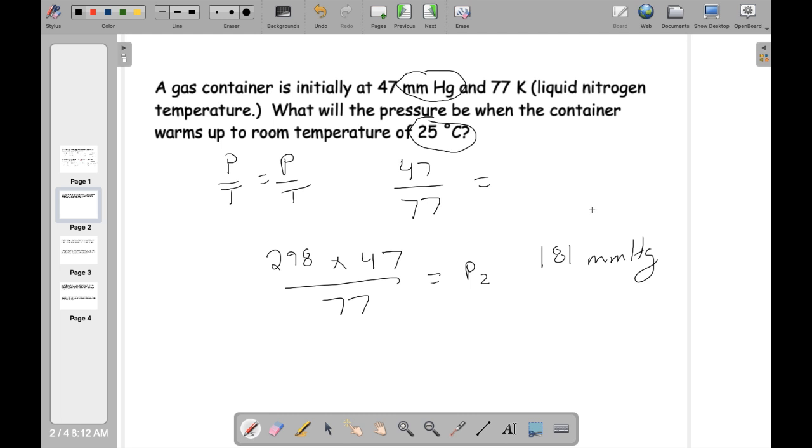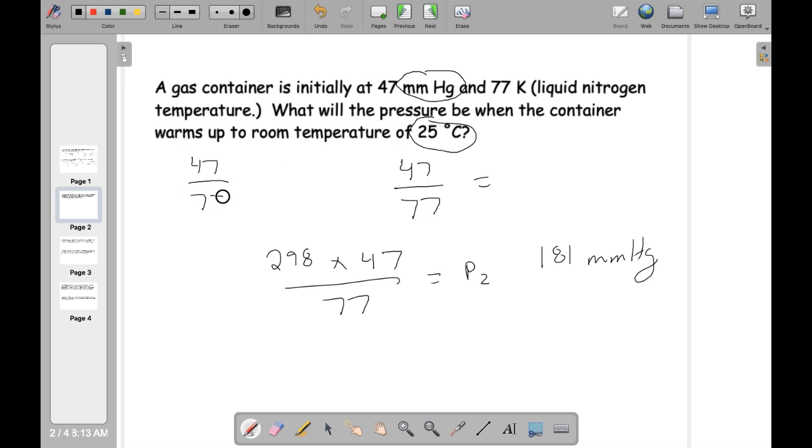So, here's the interesting thing I didn't mention before. You can just check your own answers. So, you don't need me. Here's my example. Let's go back to our equation up here. I had pressure, 47, over temperature, 77.